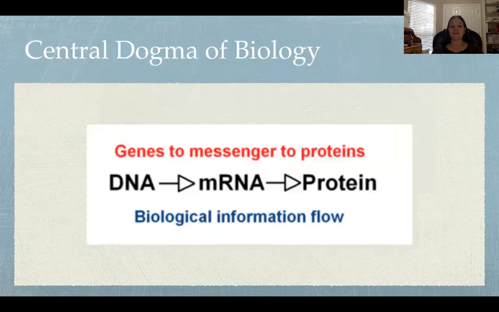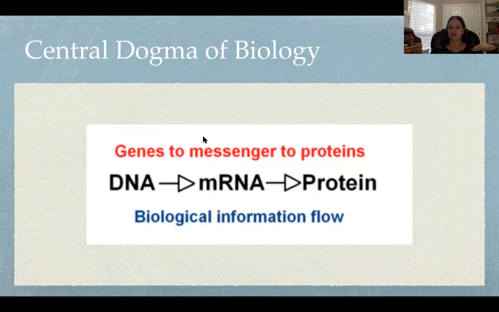All right, this is what we call the central dogma of biology. A dogma is like a central idea, the main idea of what's happening. So this is the central dogma of how information moves or how information flows in biology, that we go from our DNA to the mRNA to protein.